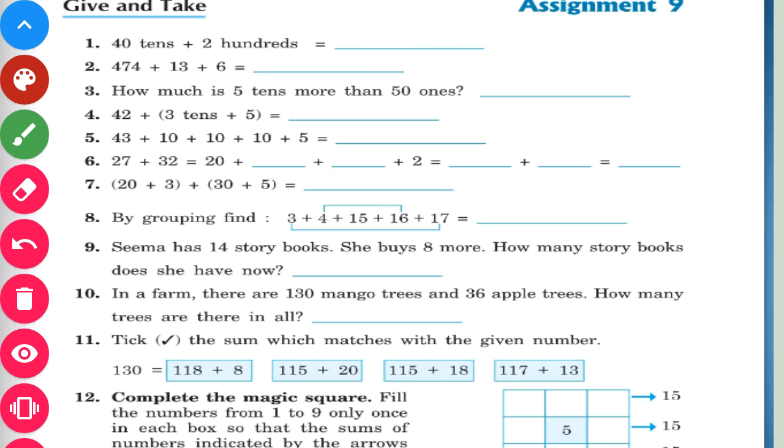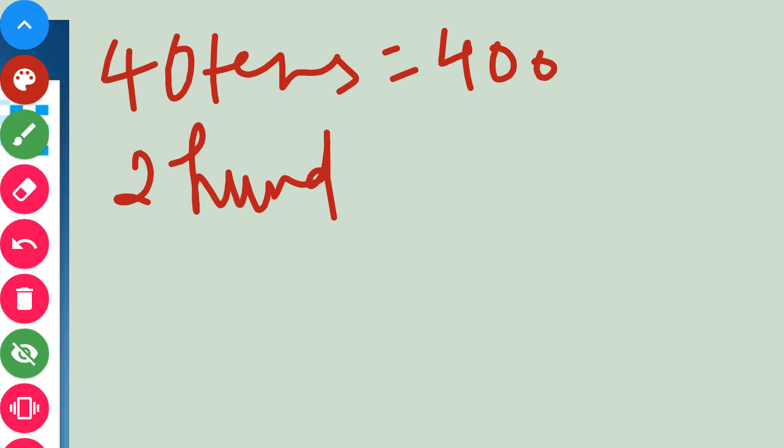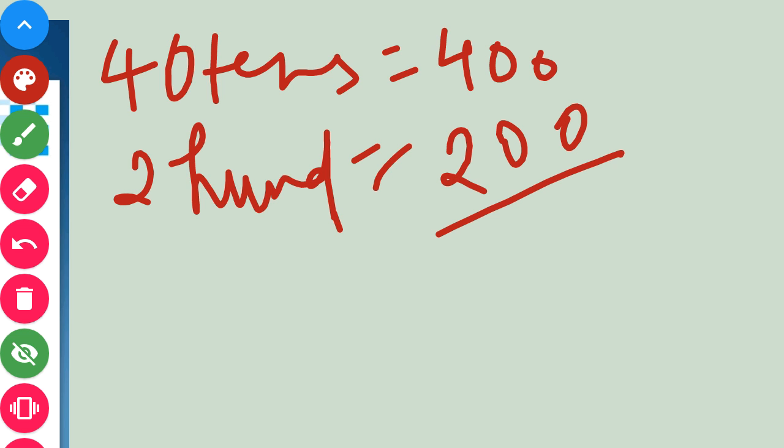So, what we will do? 40 tens means how much? 400. 40 tens plus 200, and 200 is equal to 200.